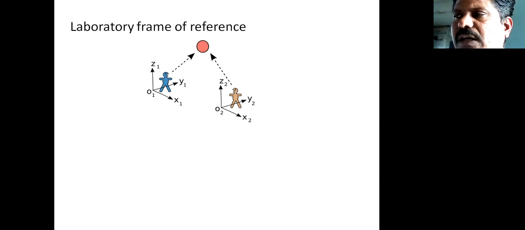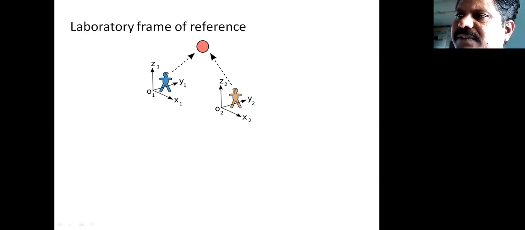That is called a frame of reference: a system of coordinates in space which defines the position of an object or particles. Those coordinates give you the complete information about that object.